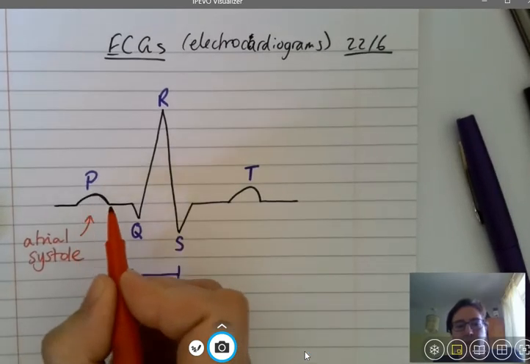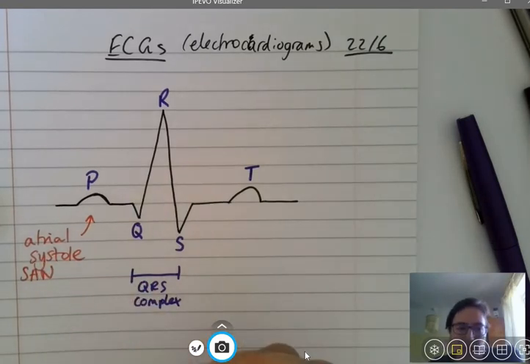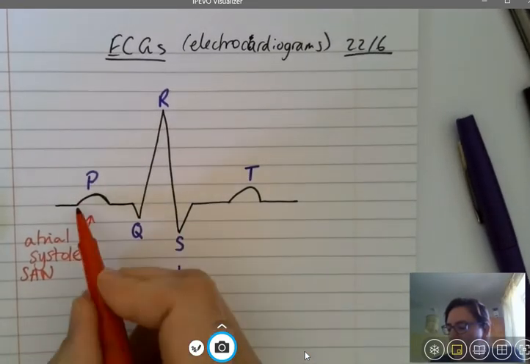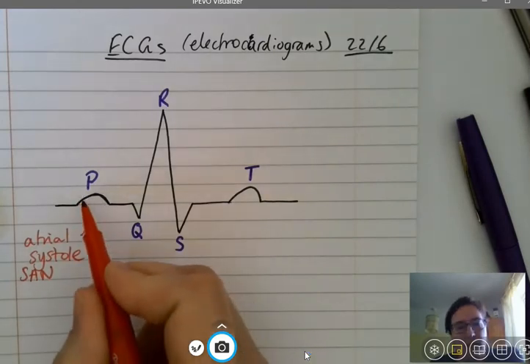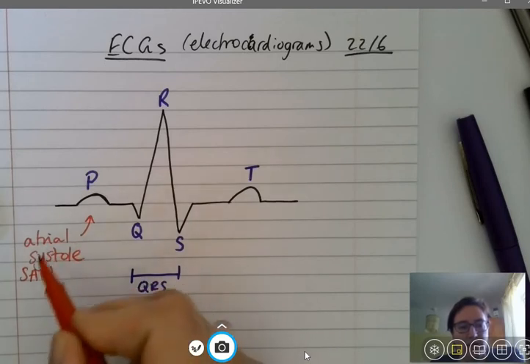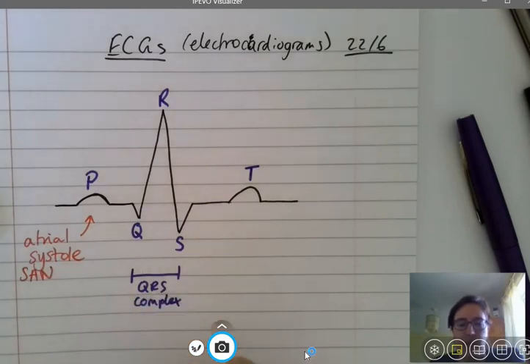Okay, so hopefully you've got that it's going to be from our sinoatrial node, the SAN. So when we're detecting this little wave of electrical excitation on an ECG, it correlates with the wave of electrical excitation that the sinoatrial node generates, which causes atrial systole.